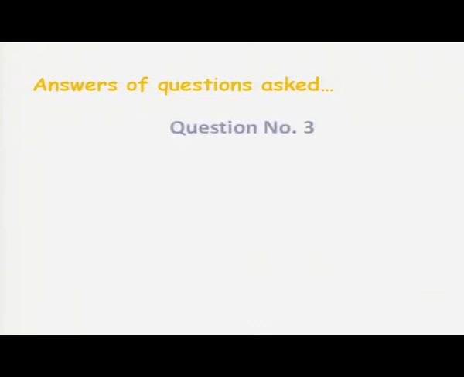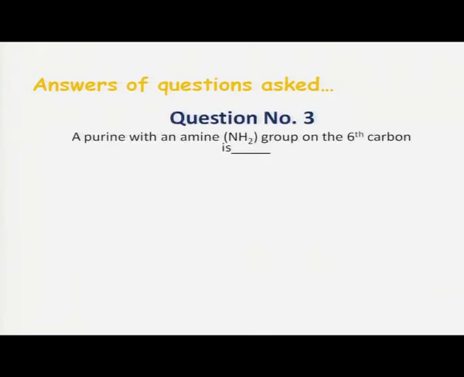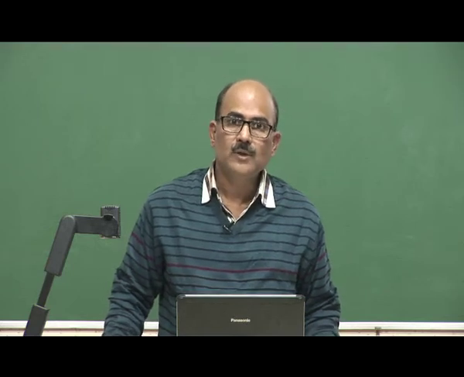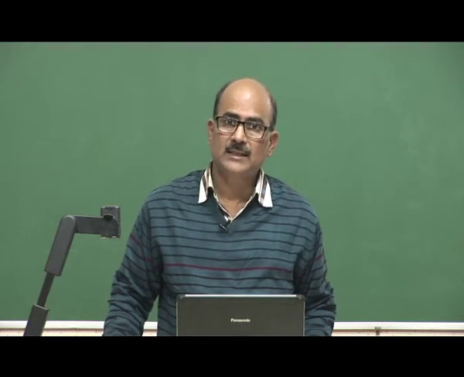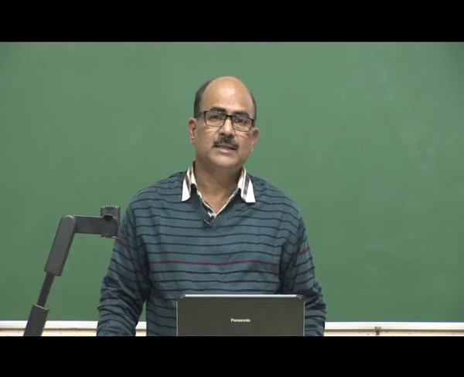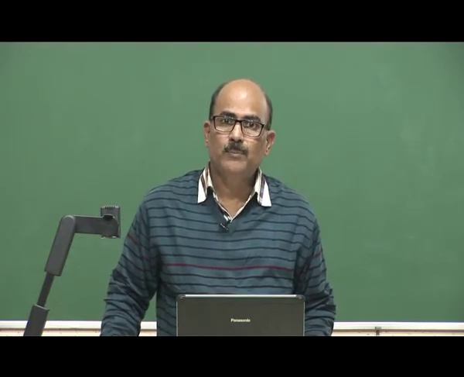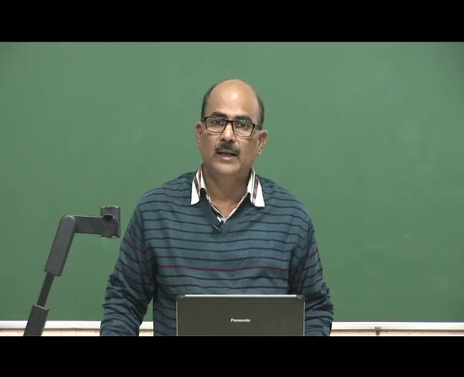Now, my third question was, a purine with an amine, that is the NH2 group on the 6th carbon is. I have already discussed in my nucleic acid chapter, the purine which is made by a 2 ring structure. Examples of purines are adenine and guanine.